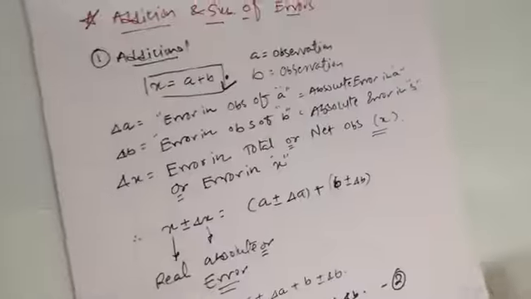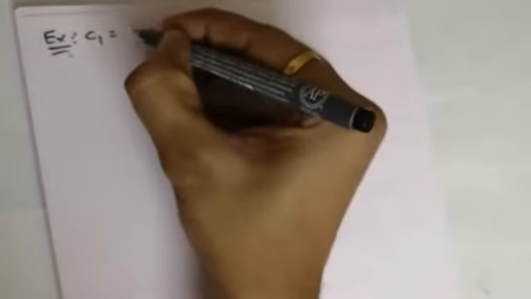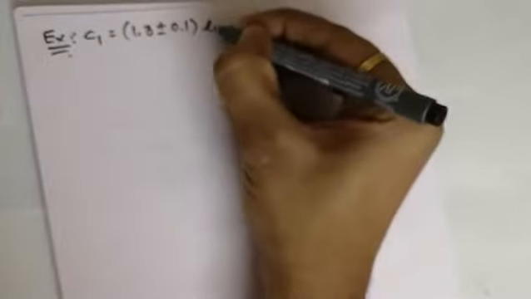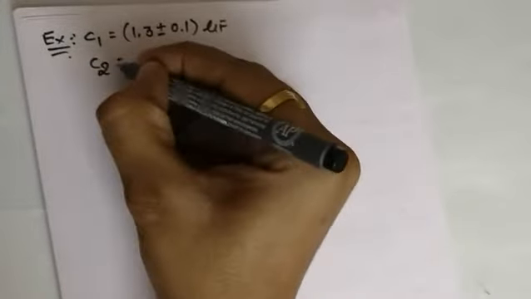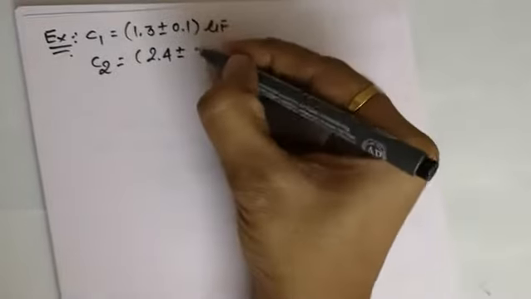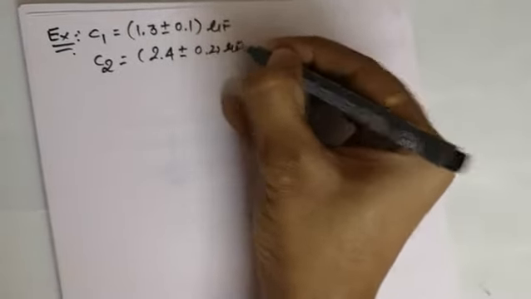Now what we are going to discuss is the very first example for that, so you may get a better idea. Let's say the very first part is called our capacitor. The capacitor is a new thing for you. Let's say I have two observations. C1 is 1.3 plus or minus 0.1 microfarad, and the value of C2 is 2.4 plus or minus 0.2 microfarads.